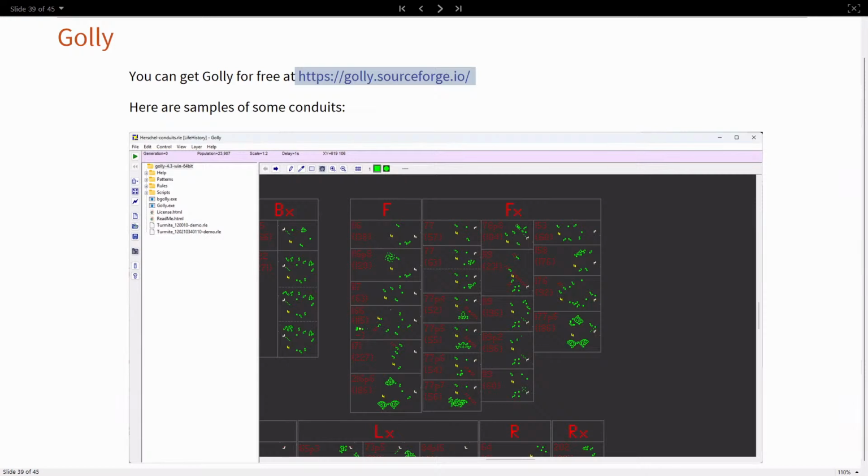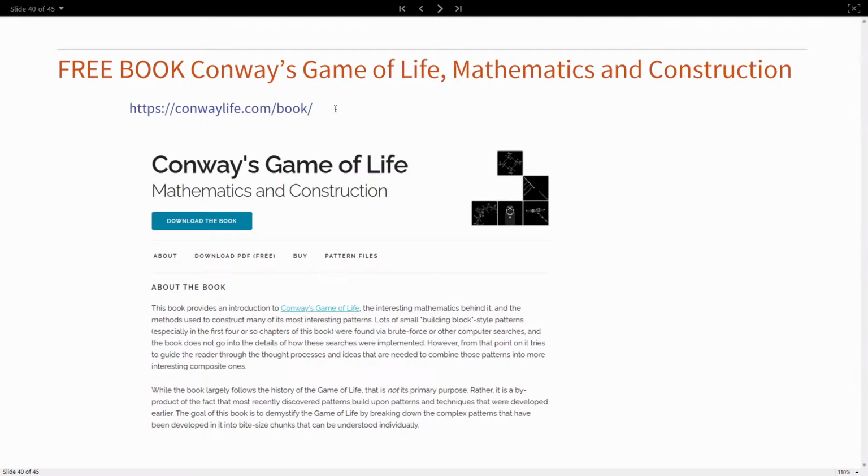So Golly is where you can get this free program that has a lot of material, and you can run life and other cellular automata on it. And it includes things like all these circuits. There's also an excellent book that covers the history of Game of Life up until about 2 years ago. This is also a free book.